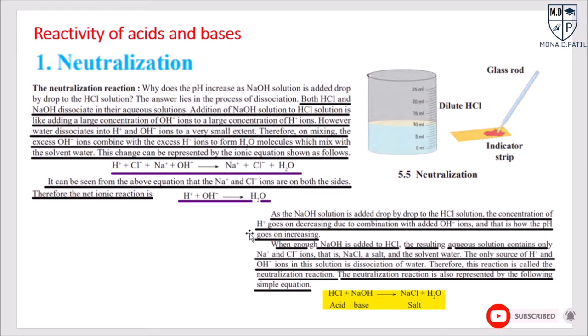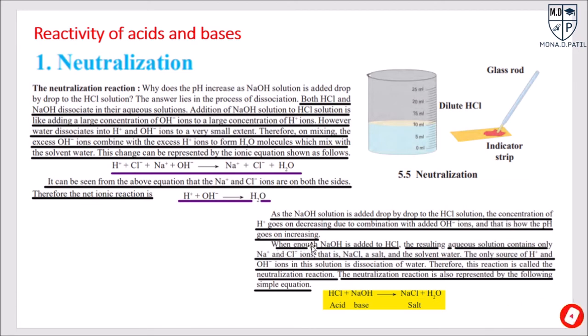As the NaOH solution is added drop by drop to the HCl solution, the concentration of H plus goes on decreasing due to combination with the added OH minus, and that is how the pH goes on increasing.